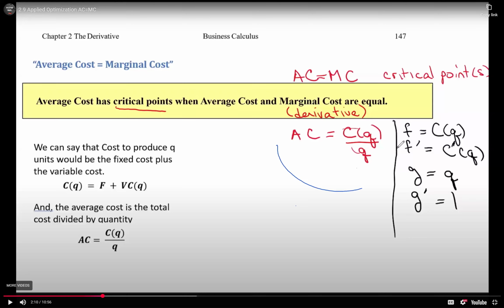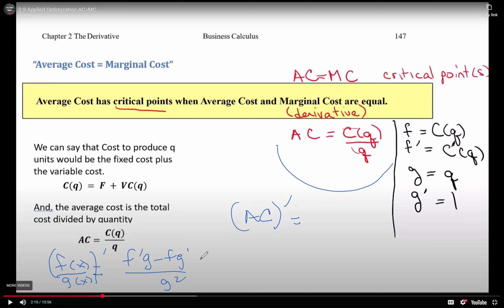This is the average cost. If I want to find the derivative of the average cost, this would be equal to, let's do it like this. So f of x is my average cost divided by g of x, my quantity, is equal to, if I want to find the derivative of this, f prime g minus f g prime over g squared.